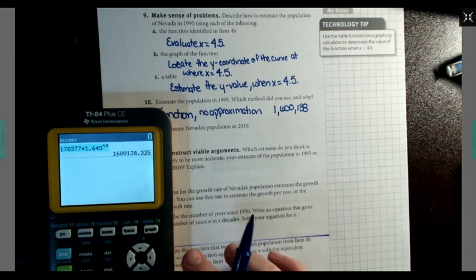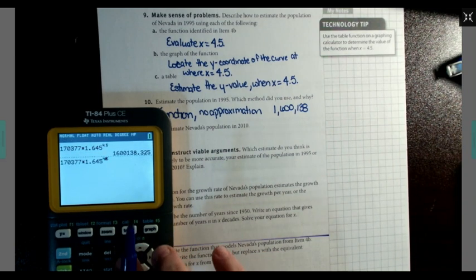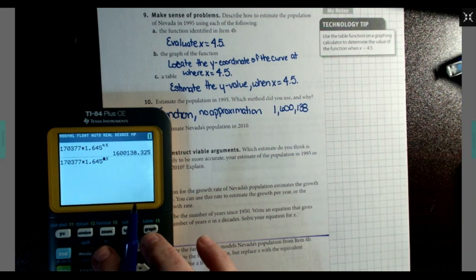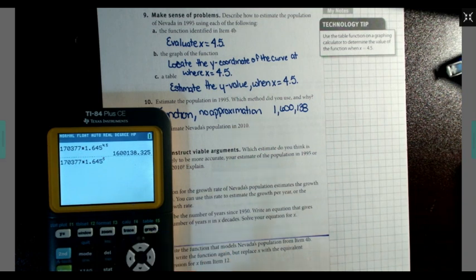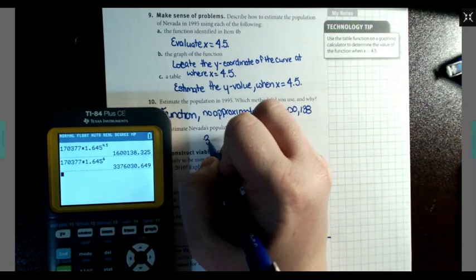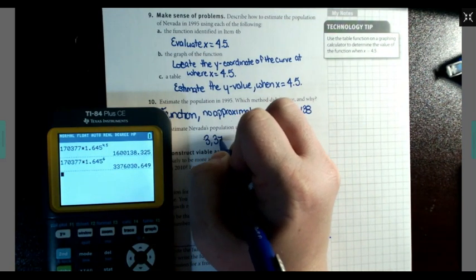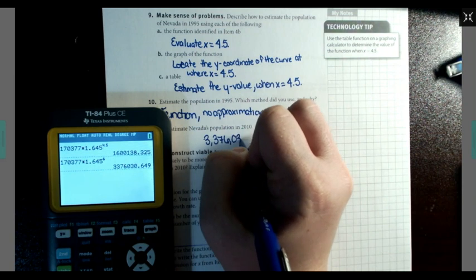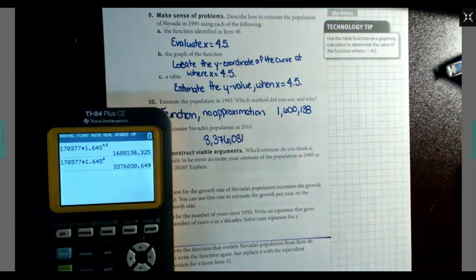So again, I'm going to use the function, but this time, instead of raising it to the 4.5 power, I'm actually going to raise it to the 6th power. And I get 3,376,031 people. Again, rounding to the nearest whole number, it doesn't make sense to have partial people.